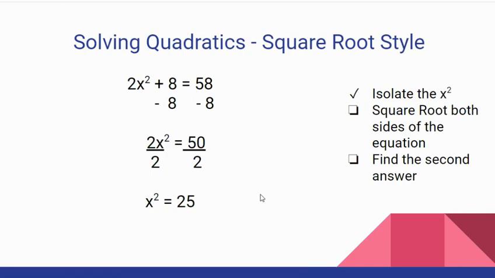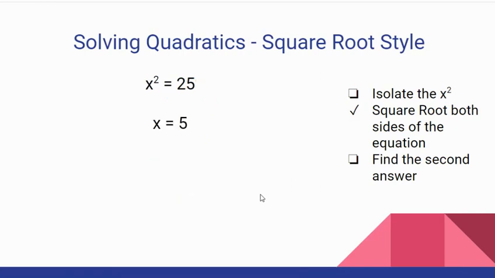Once you've isolated the x squared, you should go ahead and square root both sides of the equation to cancel out the squared. If I square root x squared, I'll just have x. And if I square root 25, the answer is 5. But wait a minute, we just said that most quadratics have two answers. Where's the second answer?